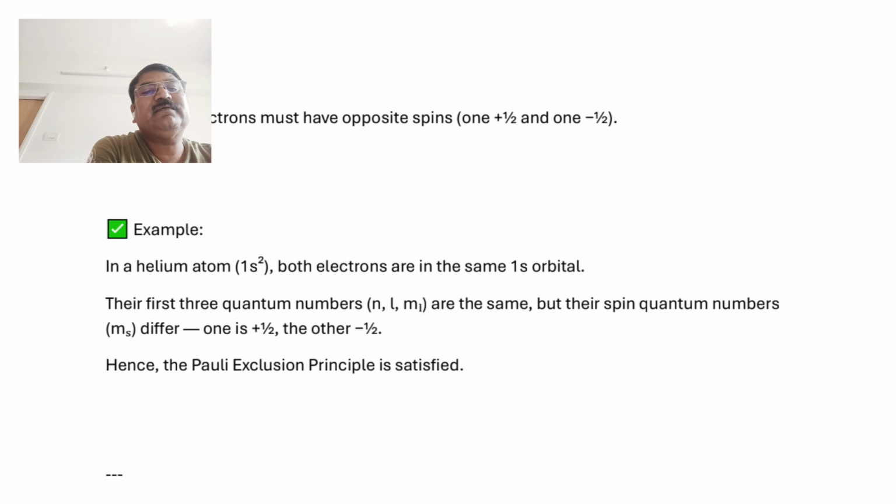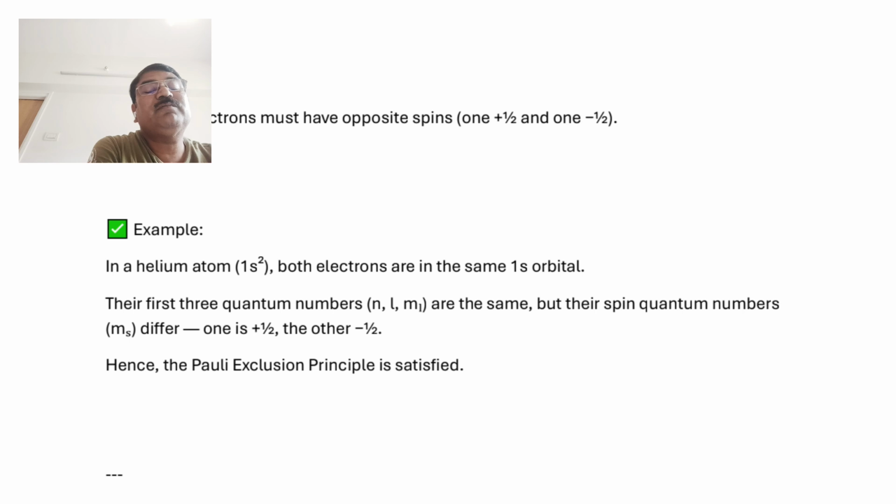Both are in the s orbital, that's why they have the same azimuthal quantum number l. The third quantum number is the magnetic quantum number m_l. It shows the orientation of the orbital. It is present in the s orbital in the same orientation.